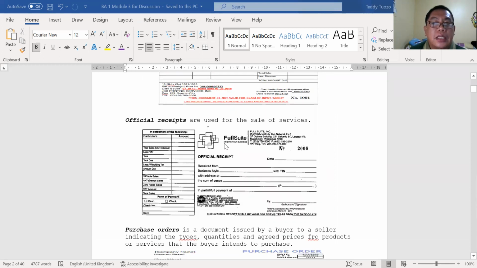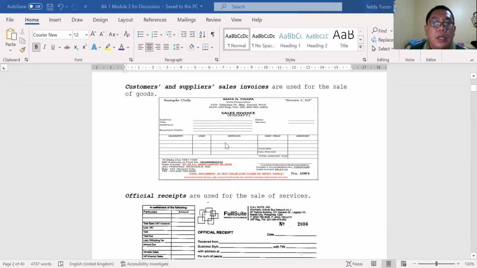official receipts. So actually, when do you use sales invoices and when do you use official receipts is always a question. And most of the establishments, stores here, are really confused whether when to issue a sales invoice and when to issue official receipts. Is a sales invoice a valid document as a sale transaction?